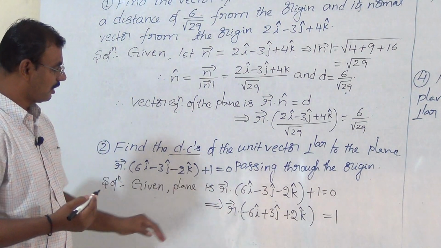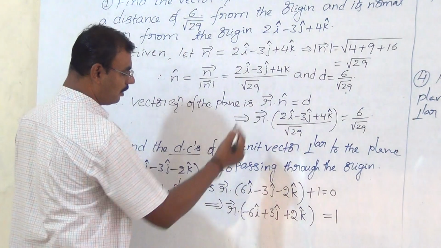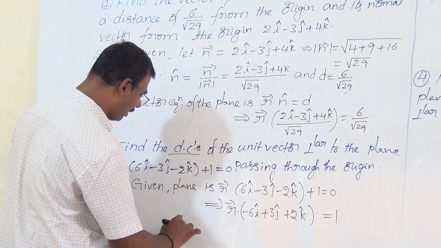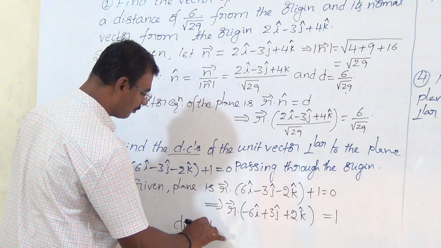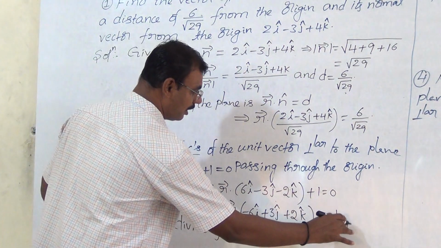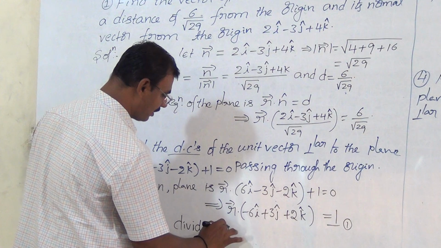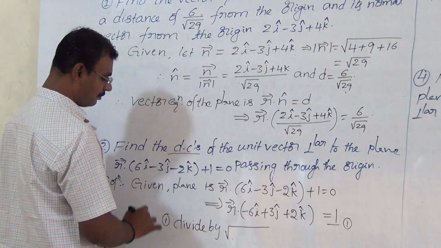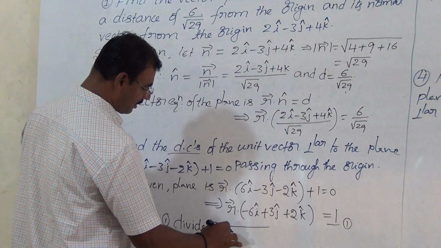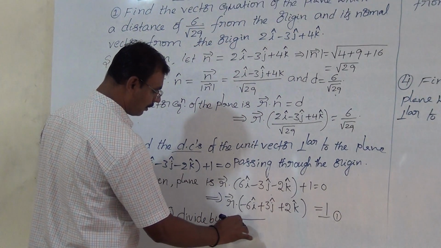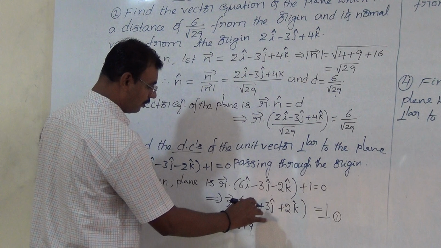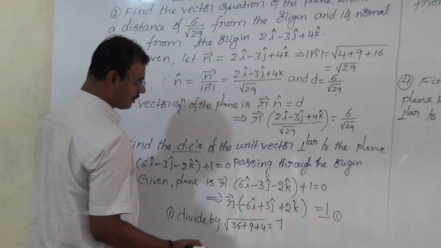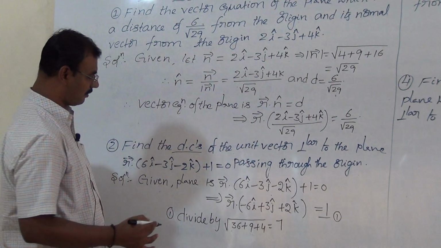To convert into standard form, the normal form, divide here. Okay, this is equation 1. Divide by square root of a square plus b square plus c square. Equation 1, divide by square root of minus 6 whole square plus 3 whole square plus 2 whole square, which is square root of 49, that is 7.